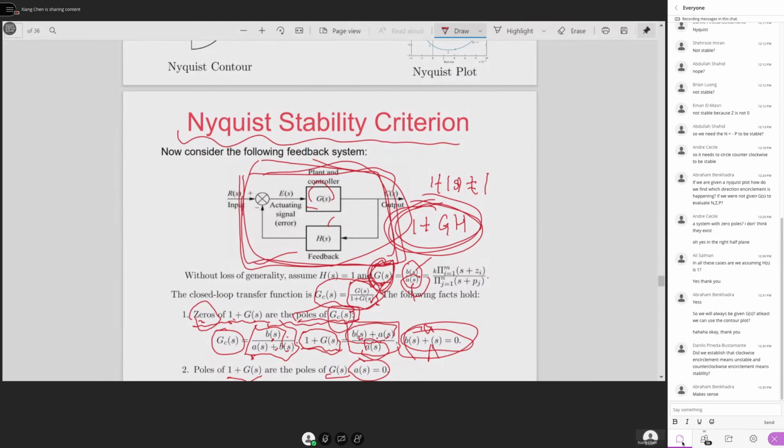Do we establish that a clockwise encirclement means unstable, and counterclockwise encirclement means stability? Well, you see, Danilo, it's based on the condition.